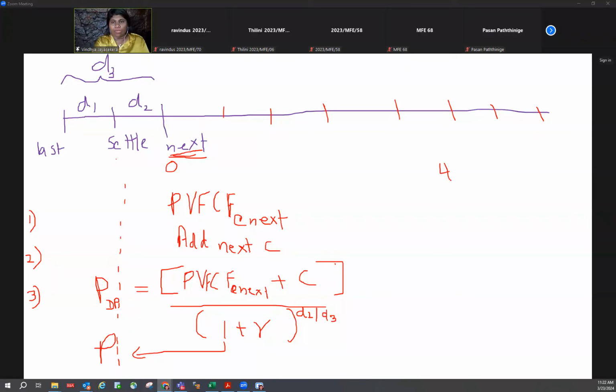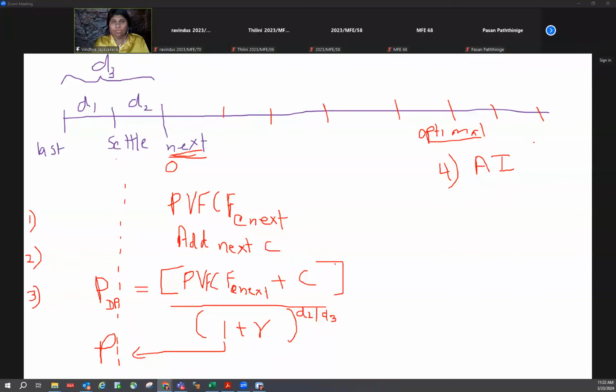If I need my clean price, I need to find my accrued interest. If I need it only. Fourth and fifth steps are optional, depending on whether you need the dirty price or the clean price, right?